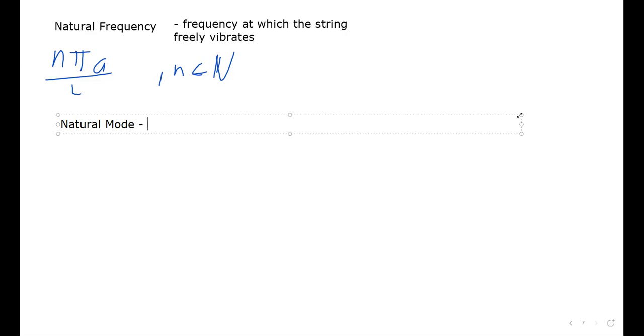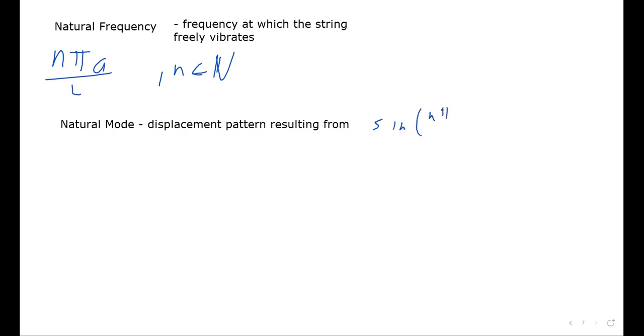is going to be the displacement pattern resulting from this sine of n pi x over L at that frequency.